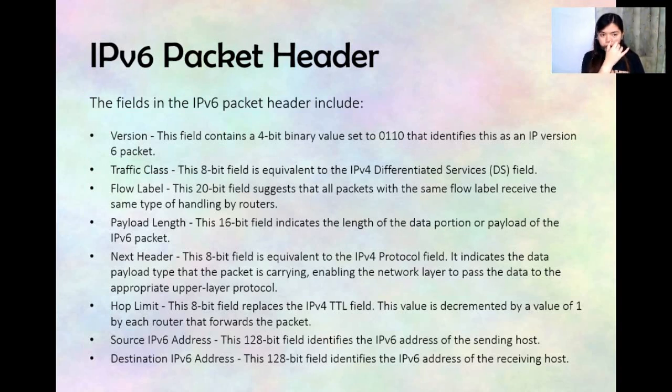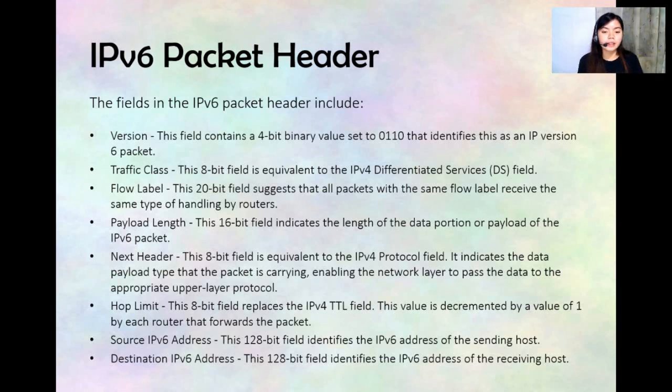IPv6 packet header. The fields in the IPv6 packet header include version. This field contains a 4-bit binary value set to 0110 that identifies this as an IP version 6 packet. Traffic class. This 8-bit field is equivalent to the IPv4 differentiated services or DS field.